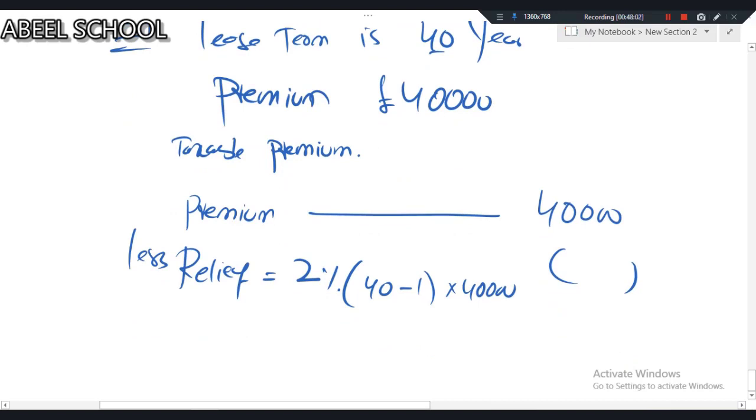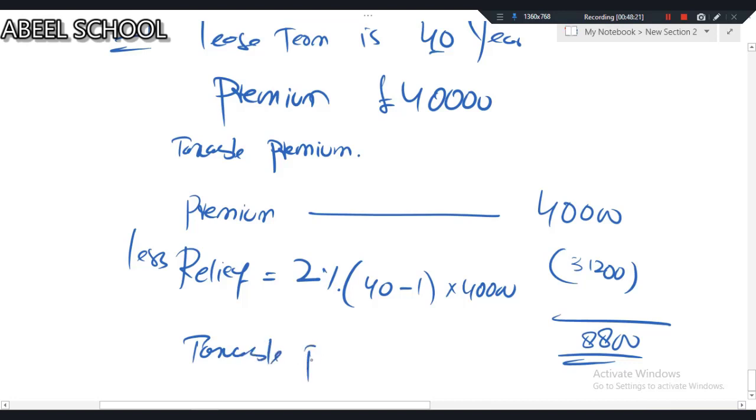So let's see what is the amount of the relief. It is 31,200. So from 40,000 I'll deduct 31,200. So the taxable premium is 8,800. Dear student, taxable premium is 8,800.